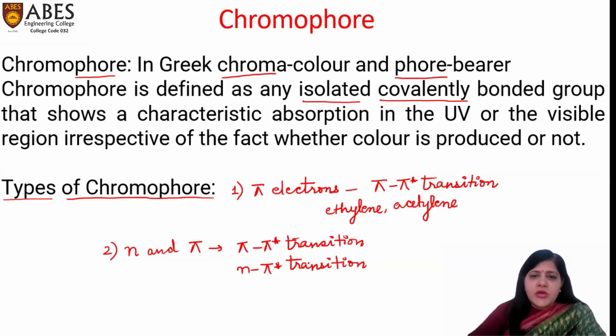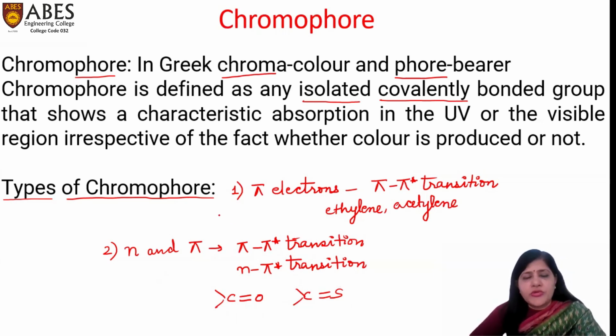These chromophores are those molecules which contain carbon with unsaturation with a heteroatom, like carbonyls, like carbon with sulfur. So these are the two types of chromophores.